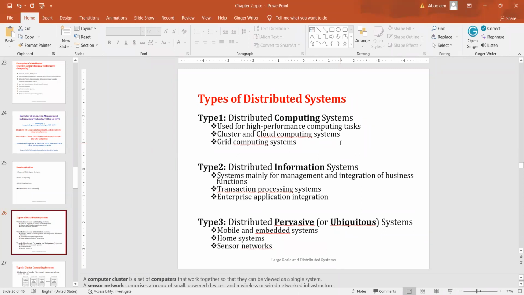You might have heard about cluster computing. What is cluster computing? Any idea?